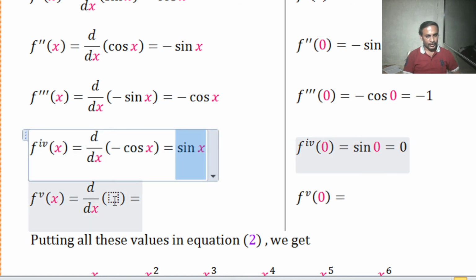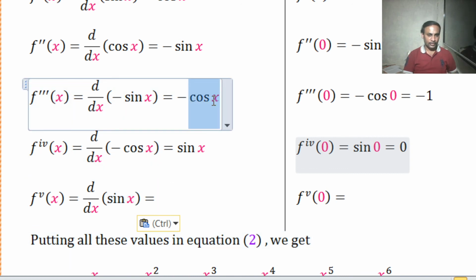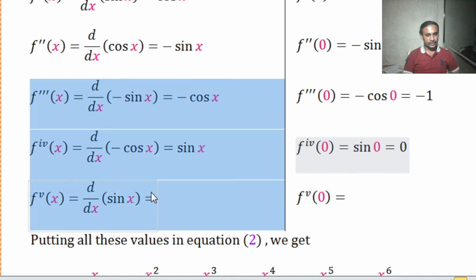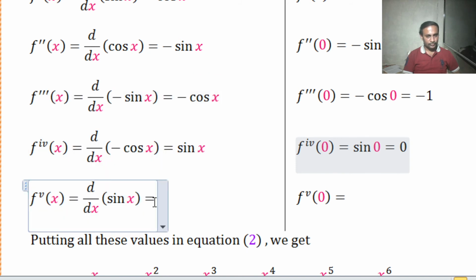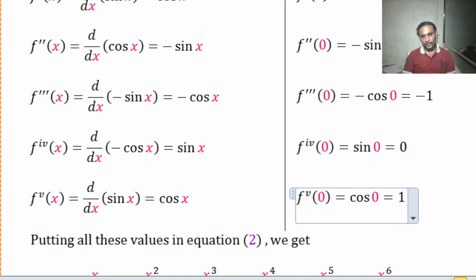Again, if we differentiate this fourth derivative sin x, the derivative of sin x is cos x, and to find its value at x equal to 0 we put x equal to 0 in cos x, and after simplifying we get cos 0 is 1.